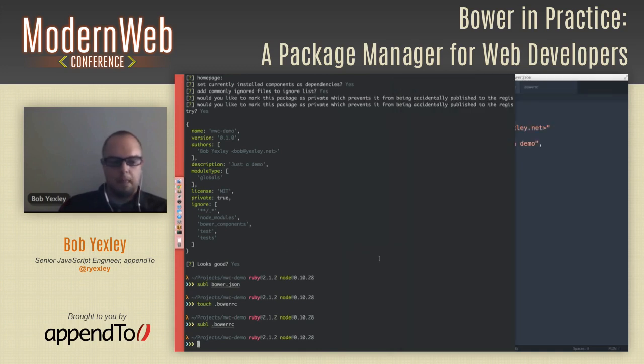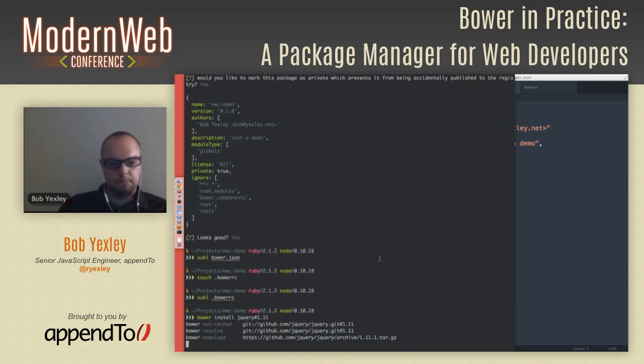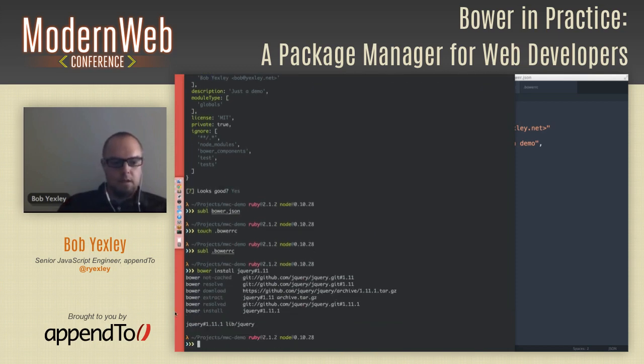Now I'm going to say Bower install jQuery version 1.11. Notice the first thing it said is not cached. I don't have that version of jQuery cached, so it cached it, resolved it, downloaded it, extracted it, and there you go.